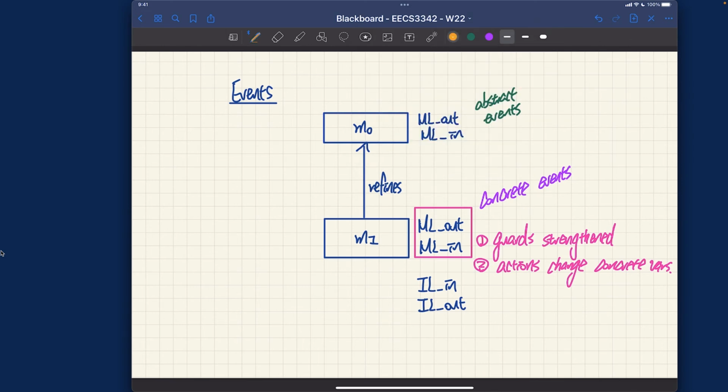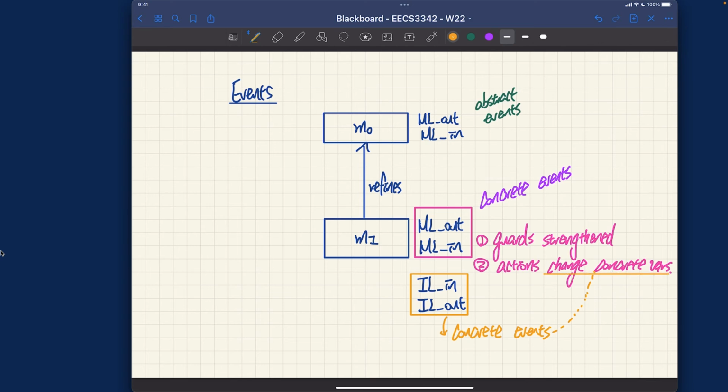For these two, they will still be considered concrete events, because their actions are supposed to also modify the concrete variables, right? So that's why they are also called concrete events.